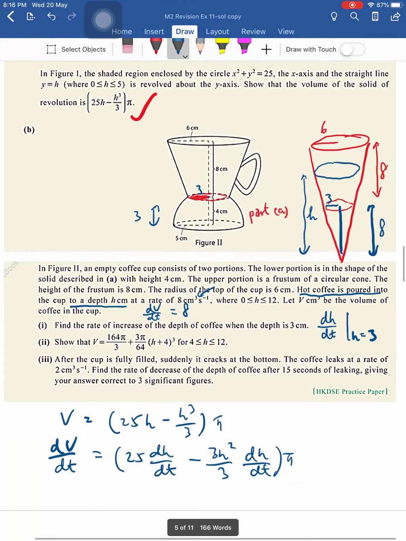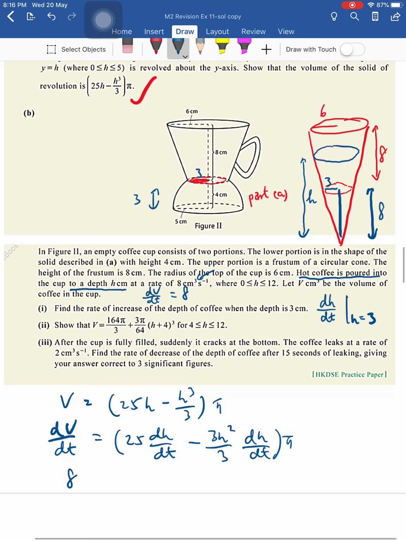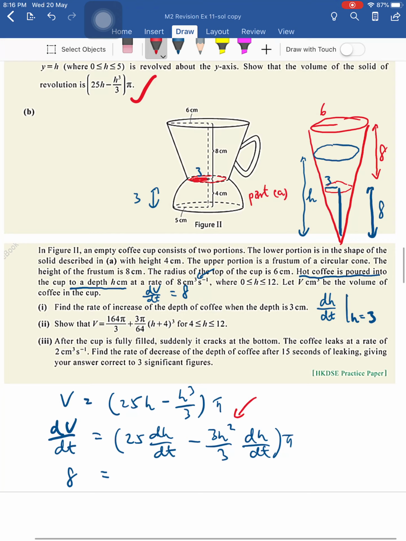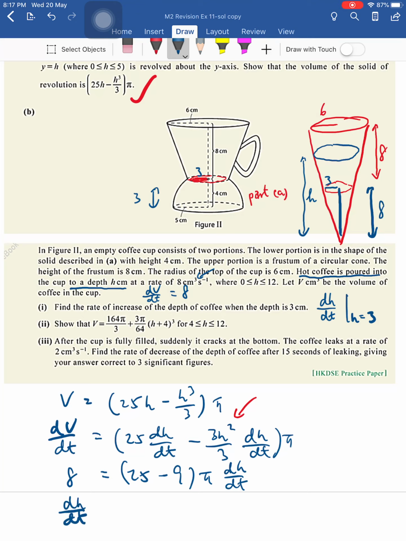The question said that dV/dt is 8, and h is 3, then this one is 9. So 25 minus 9, times pi dH/dt. Right, so the answer for dH/dt is 1 over 2 pi.